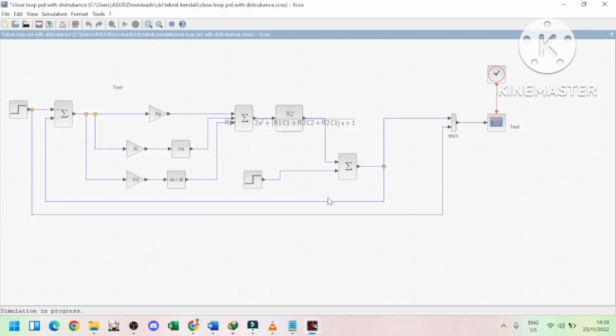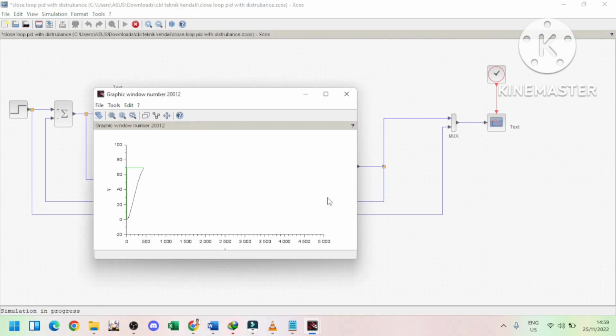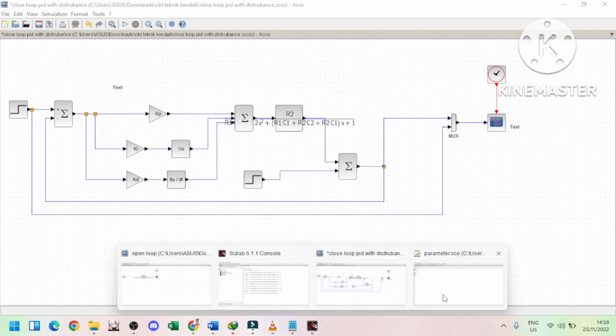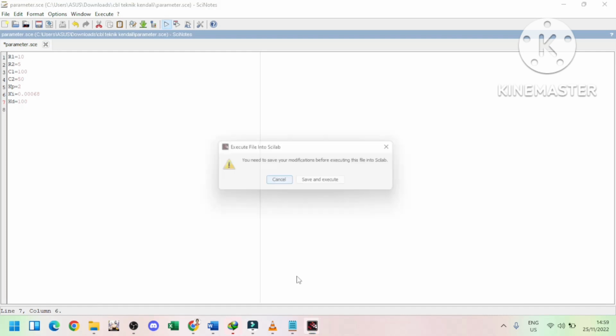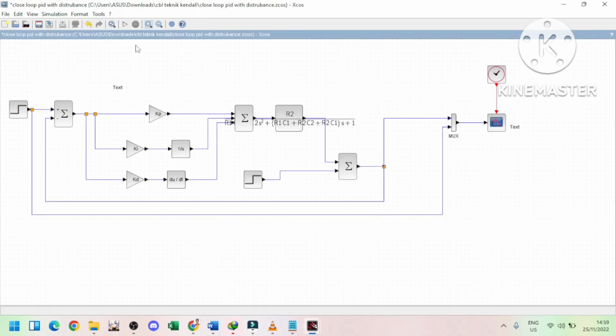For the result we get, look, the overshoot becomes smaller and smaller, and the steady state error becomes more unnoticed. We need to adjust it more. Let's make it 100 now, and we play it again.